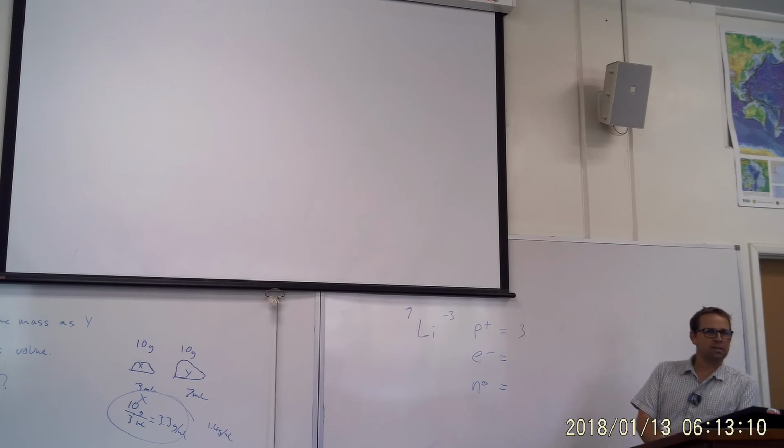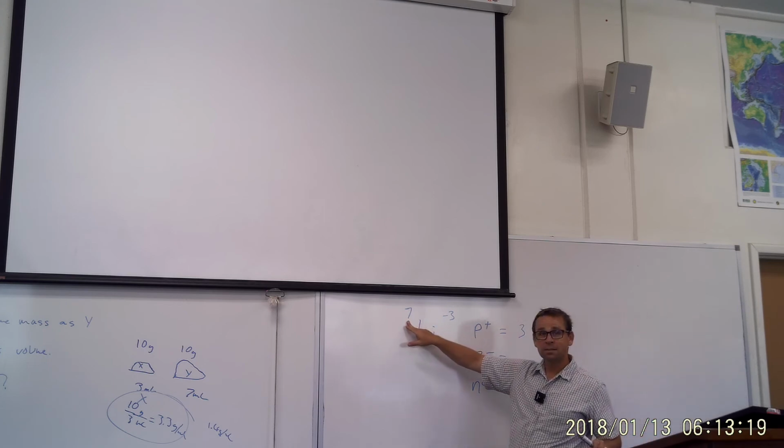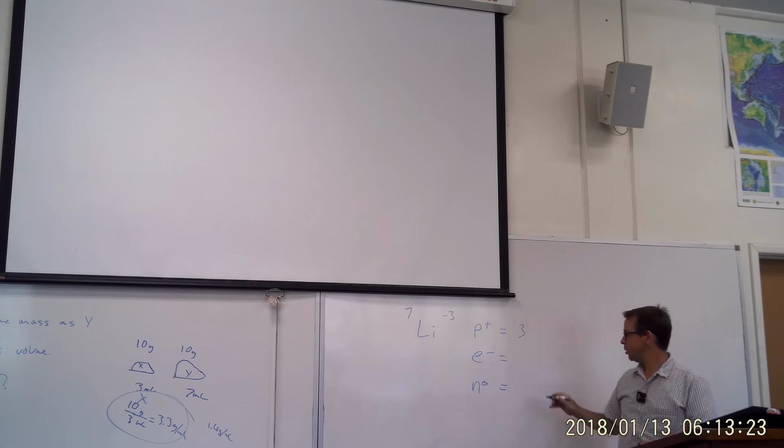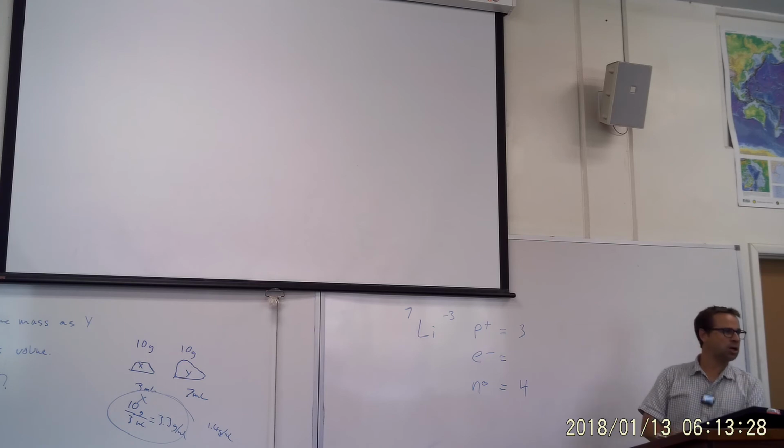What's the next easiest? Neutrons? How do we find the number of neutrons? Yeah, because this is the mass. If 3 of those are protons, the other 4 must be what? Neutrons. Very good. How do we find electrons?